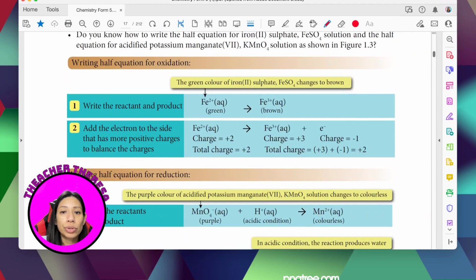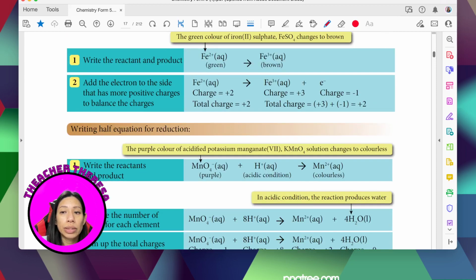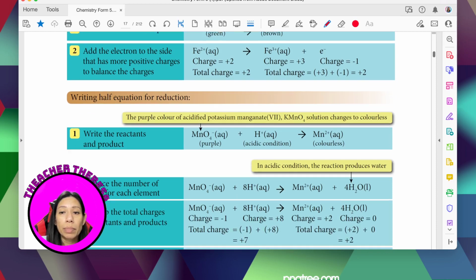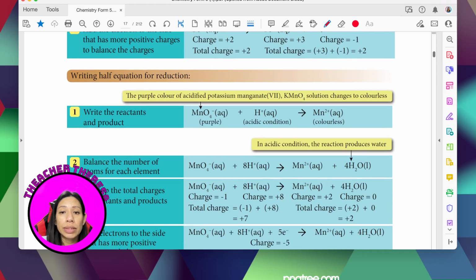Then next we go to the writing of the half equation. How do you write a half equation? This is what is happening: iron(II) is changing to iron(III). How does it change? By donating one electron. Whereas manganate will receive 5 electrons.